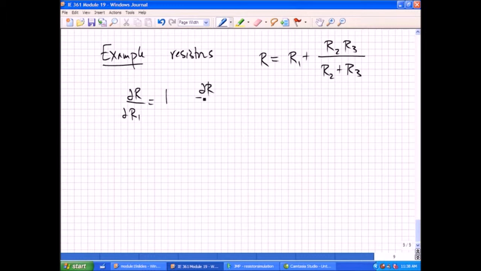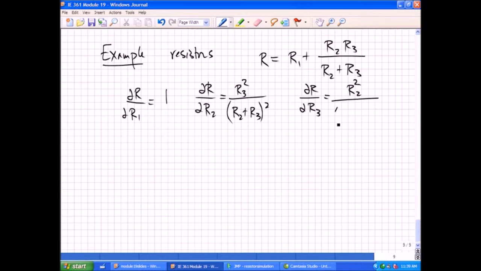The partial of overall resistance with respect to R2, you can do some calculus and convince yourself that this is R3 squared over (R2 plus R3) quantity squared, and the partial of overall resistance with respect to R3 is R2 squared over (R2 plus R3) squared.